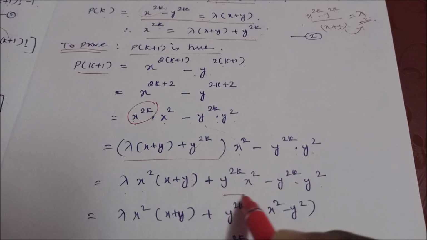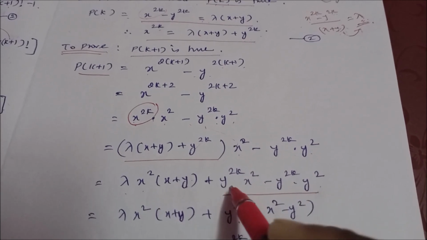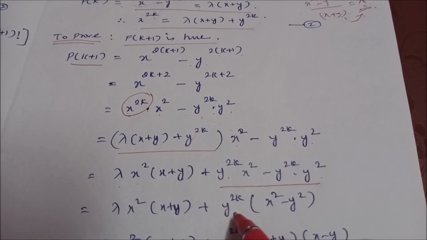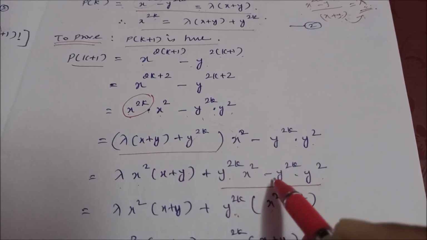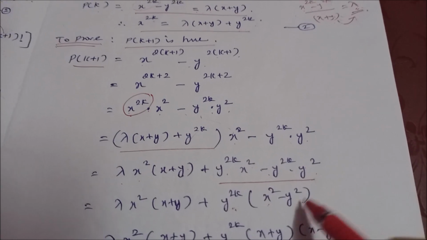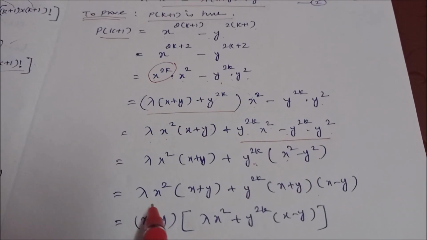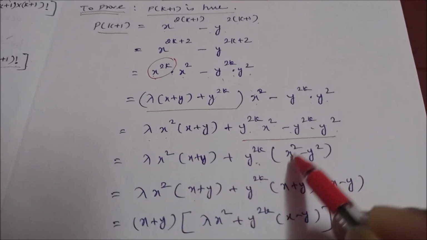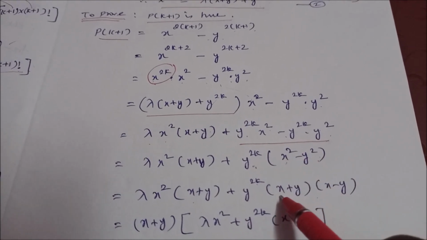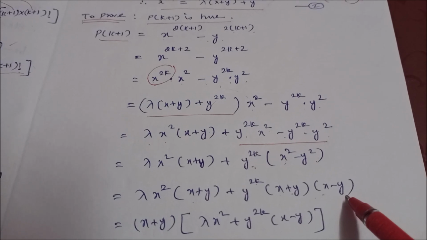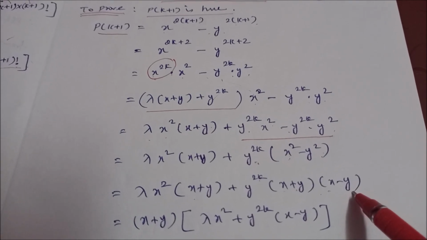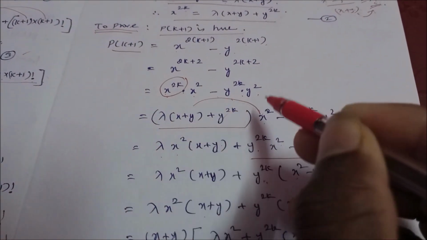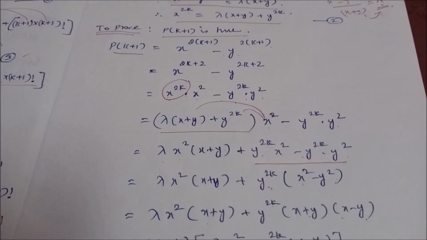Take y^(2k) in common from these two terms. So the remaining terms are x² − y². After that, the left side term has no changes. x² − y² is the factor (x + y)(x − y). Multiply by x² for this and x² for this.